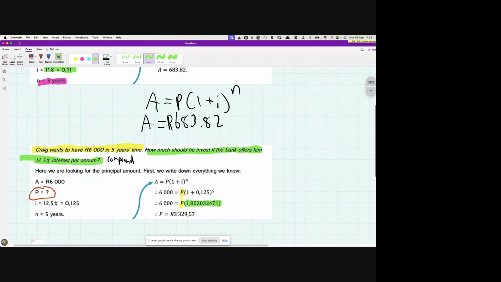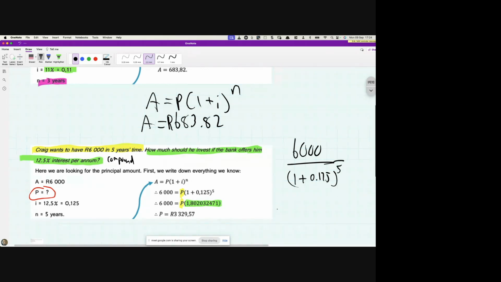I want you to take out your calculator and go 6,000 divided by, and I want you to check that this is the correct answer. I would probably type in your calculator like this: 6,000 divided by 1 plus 0.125 over 5. I wouldn't worry about typing this little thing on.